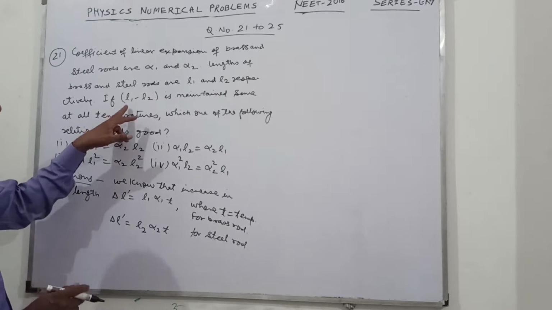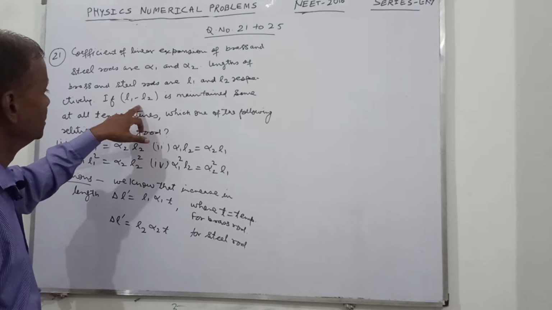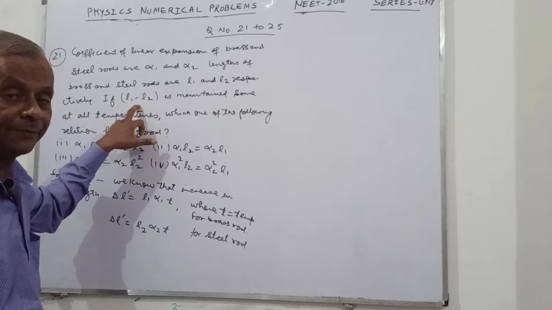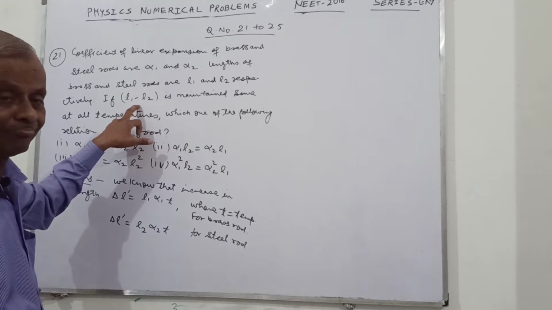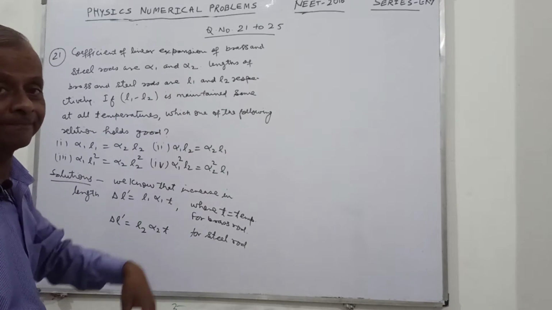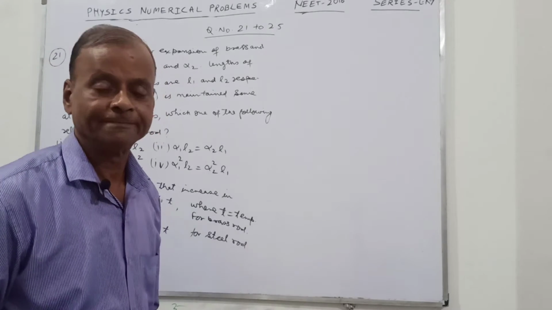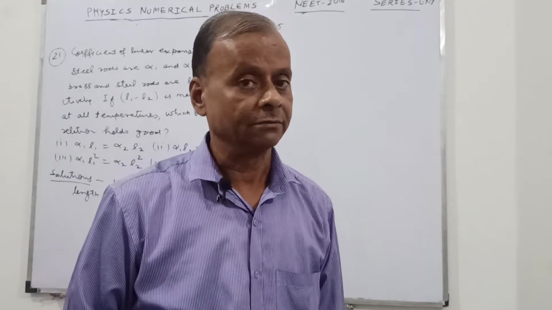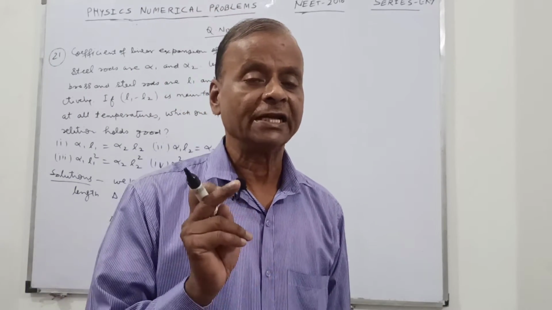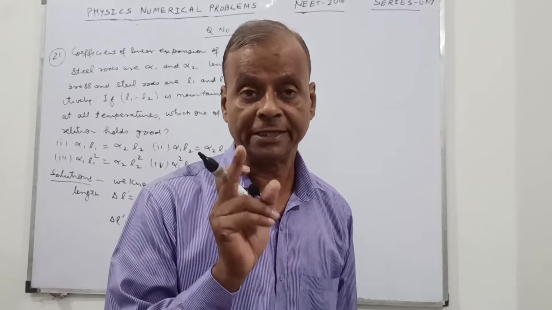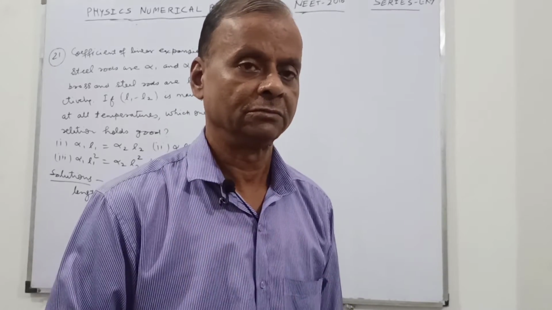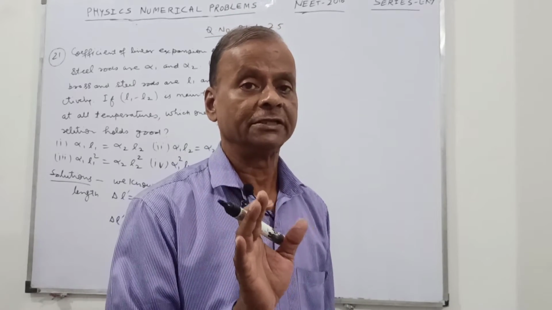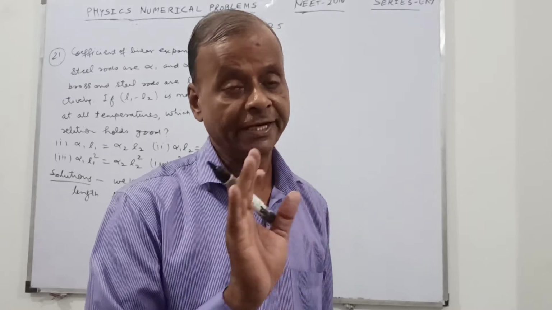So now it is given that L1 minus L2 is maintained constant. The difference of the two rods is the same. Actually this question is not clear. L1 is the length of the brass rod and L2 the length of the steel rod. When both are given the same temperature, there will be a change in length.